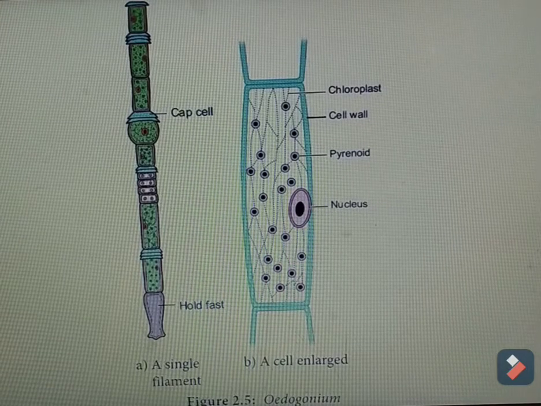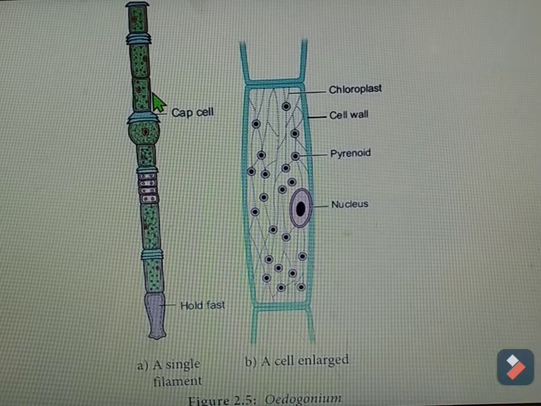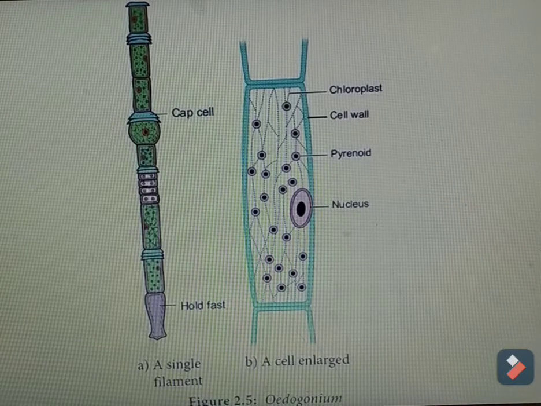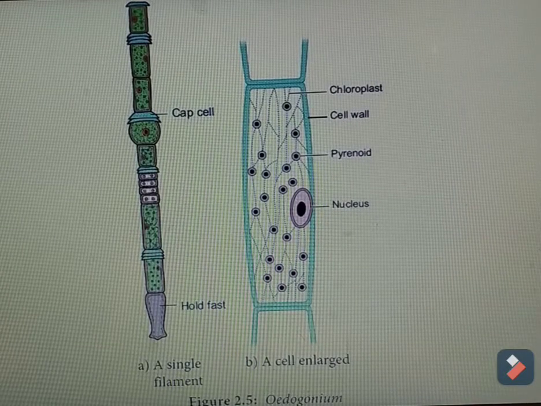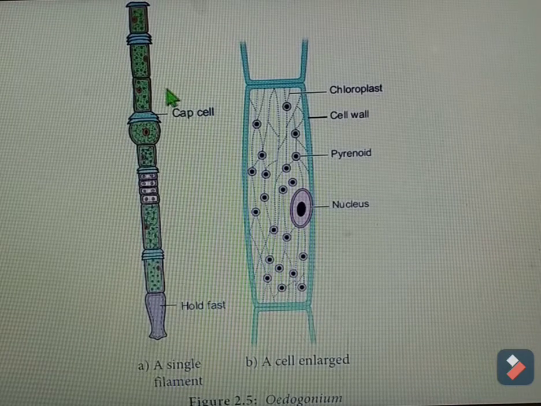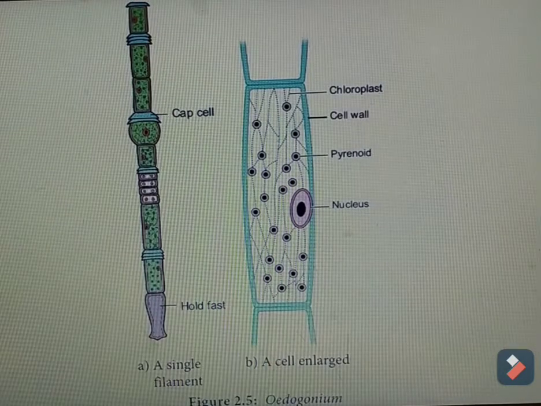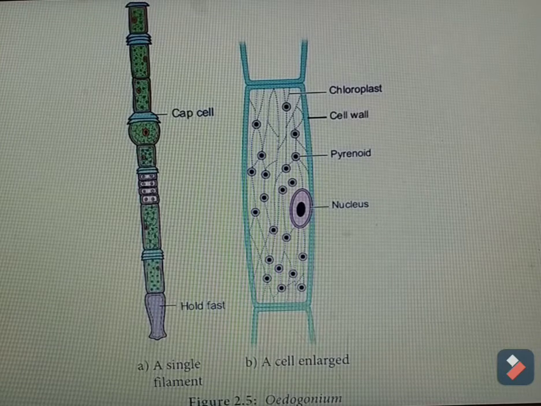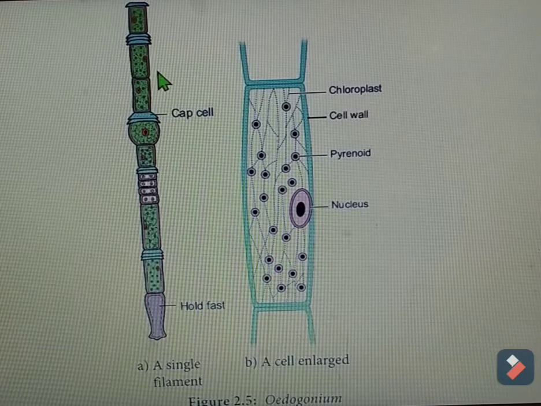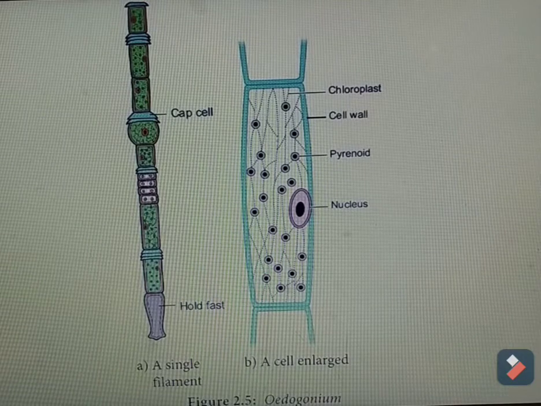The fragmentation process in vegetative reproduction takes place by the accidental breaking of the filaments at the intercalary cells, or it may be due to the dying or dehydration of the intercalary cells.